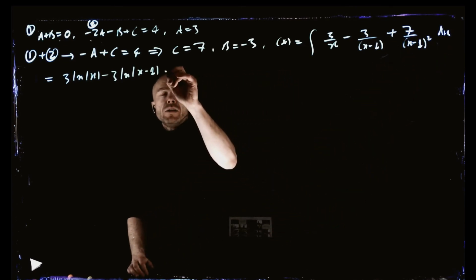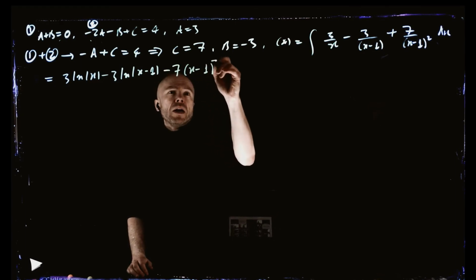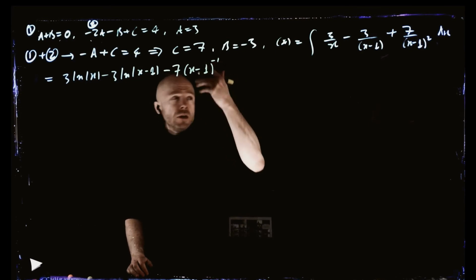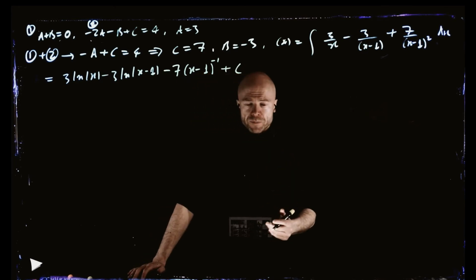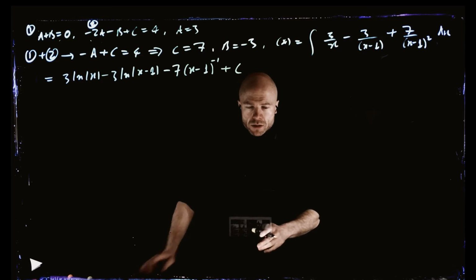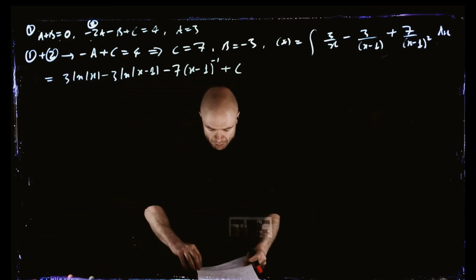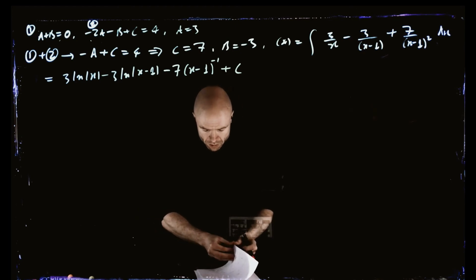So what if we try minus 7 times x minus 1 to the minus 1? If we differentiate this, then this becomes plus 7, the power goes down, and it's everything that we want. And then plus constant c, and that's the answer. So it looked kind of tricky, but after we factored it, we could see what to do.